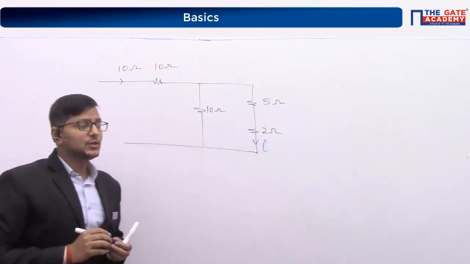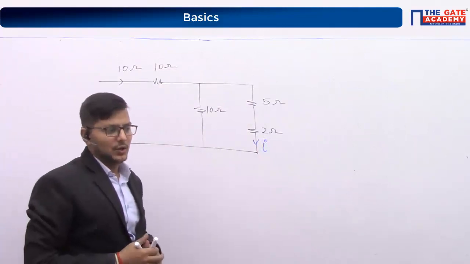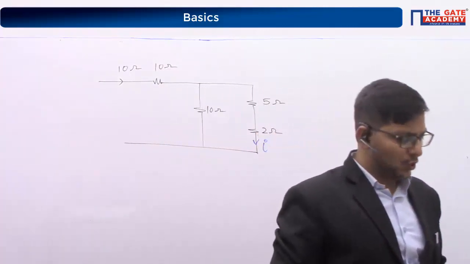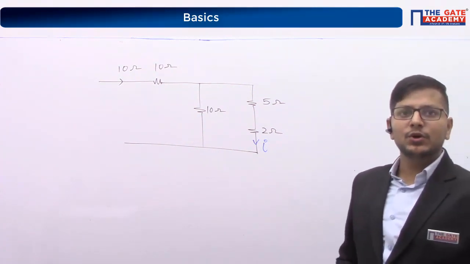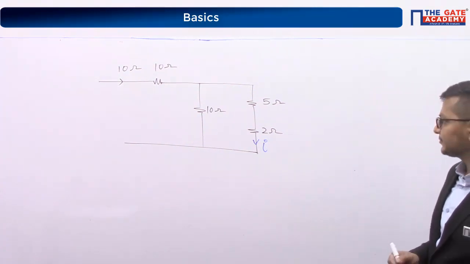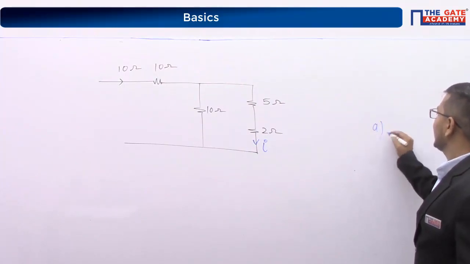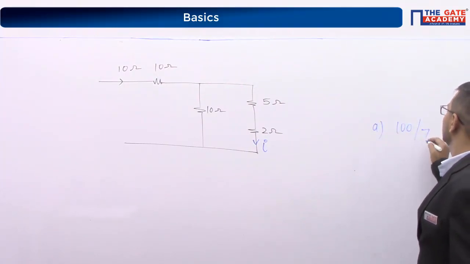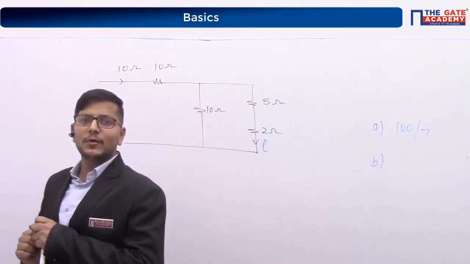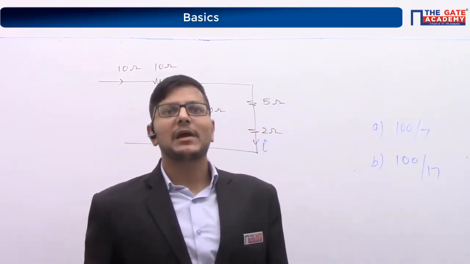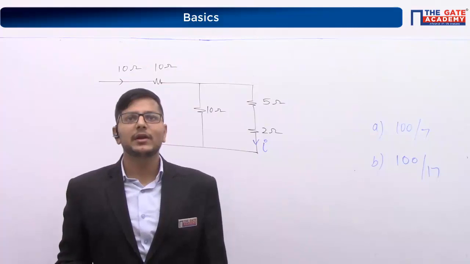Okay, tell me the current through the 2 ohm resistance. What is the amount of current flowing through the 2 ohm resistance? According to Sumit Mohanty, it will be 100 by 7. Let it be option A, 100 by 7. Option B, maximum guys are getting 100 by 17.